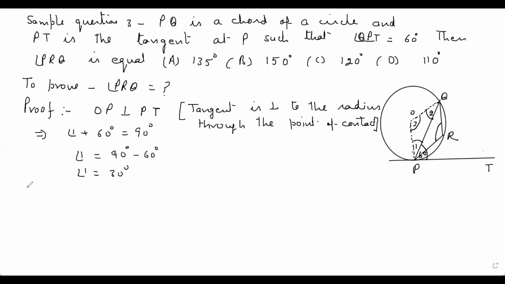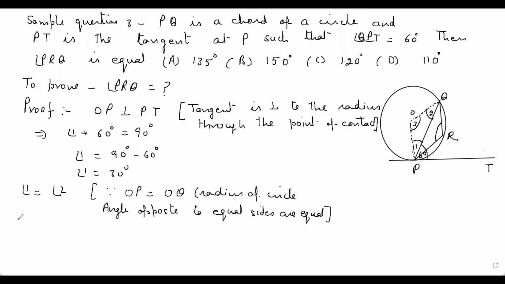Now we know angle 1 is equal to angle 2 because OP and OQ are radii of the circle and they are equal. Angles opposite to equal sides are equal. It implies angle 2 is equal to 30 degree.